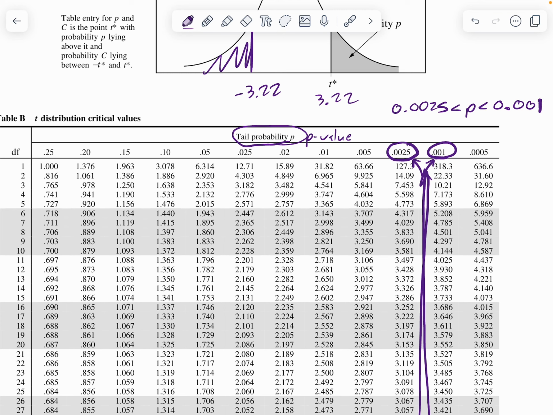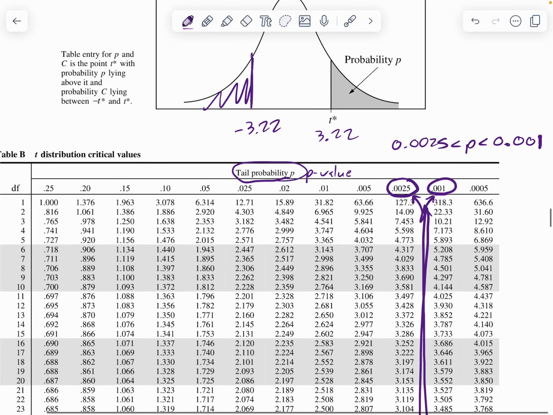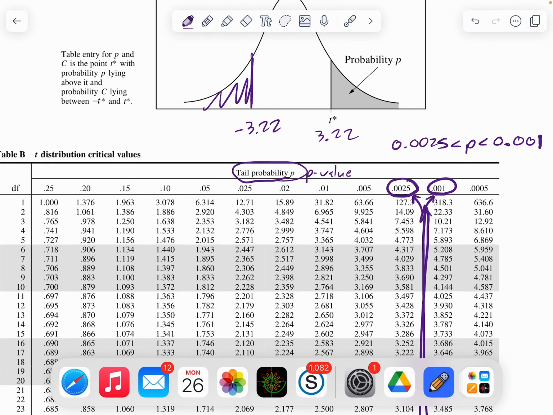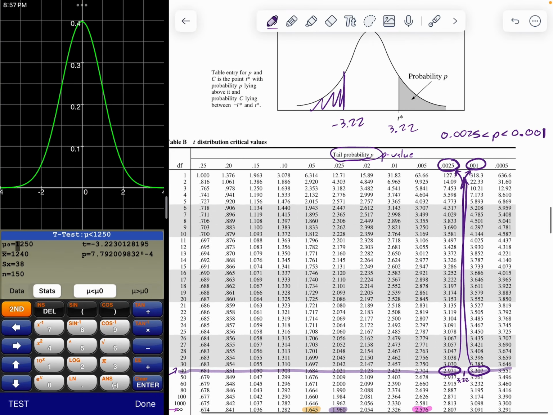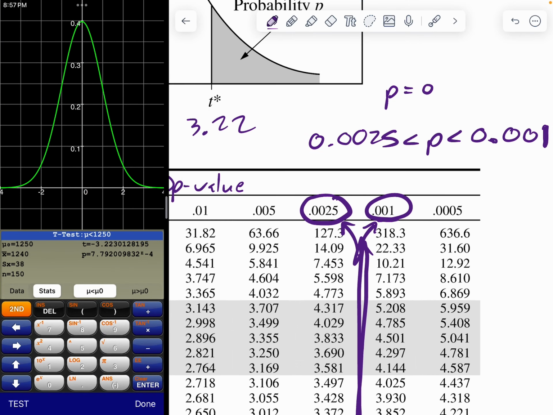And I believe, because the calculator gave us that decimal right there that we wrote down, 0.000779. Well, interesting. It looks to me like it's actually over one spot. It's between these two. But the difference is quite negligible.